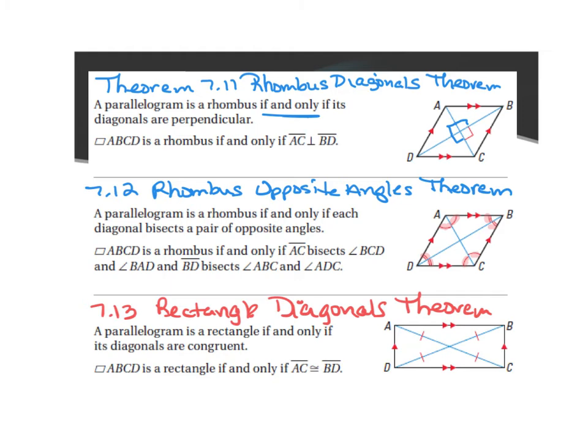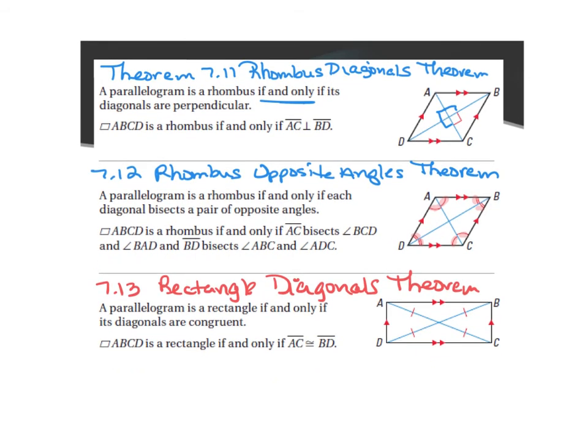They're not congruent necessarily in a parallelogram, but they are congruent in a rectangle and in a square. So all three of these theorems are all true about squares as well, because remember, a square has all the properties of a rectangle and all the properties of a rhombus. So now let's go ahead and try some applications of these theorems and these corollaries.